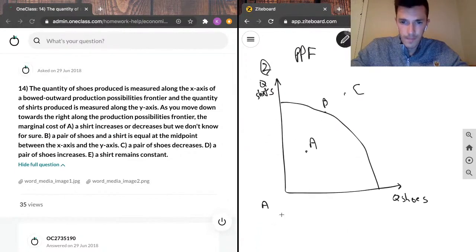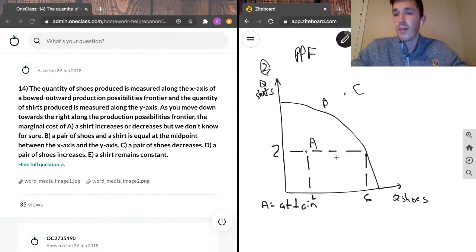So for point A here, this is an attainable allocation of goods, but it is inefficient. And that's because while you can get everything at point A, for example, we could call this one pair of shoes and 2 shirts, you could also have 6 pairs of shoes and 2 shirts, meaning you could get more shoes without giving up any shirts.